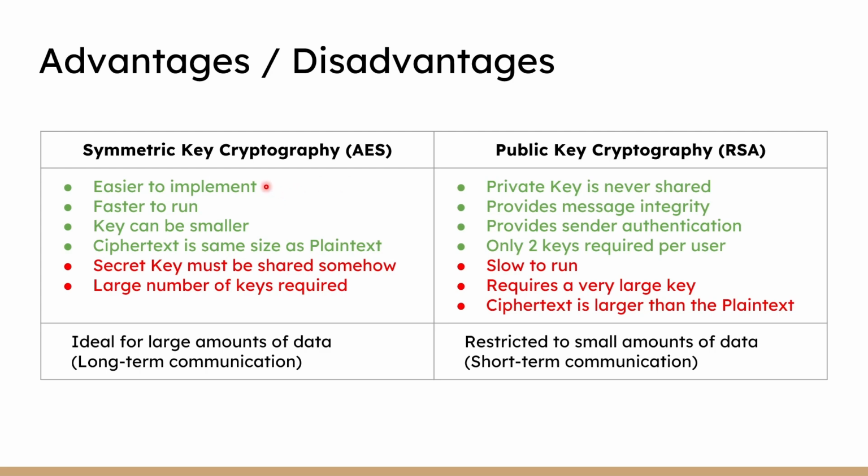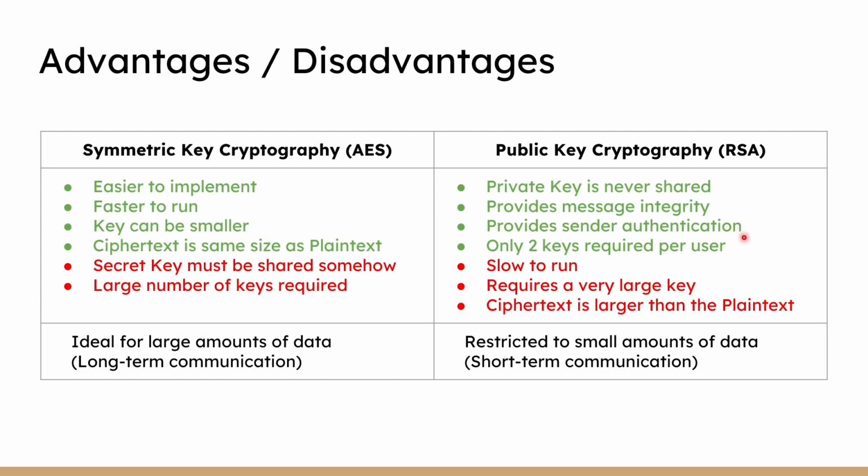Symmetric encryption is easier to implement and faster, because the key is a lot smaller than in public key cryptography. You need a very large key for public key cryptography to be secure, because there are only certain mathematical key pairs of numbers that work. So you have to use very large numbers so that there are enough possible pairs.